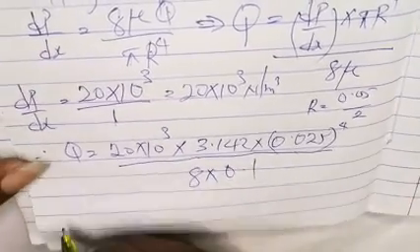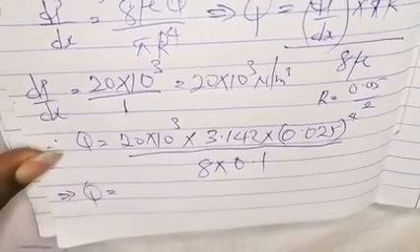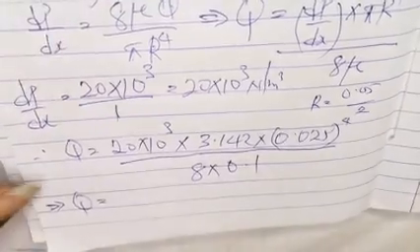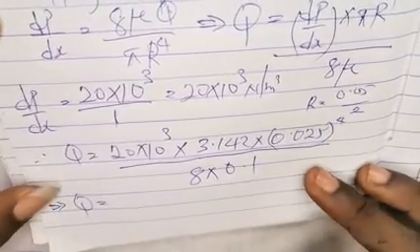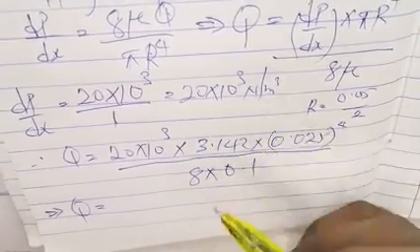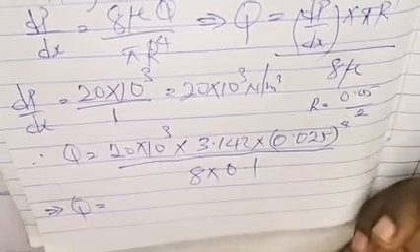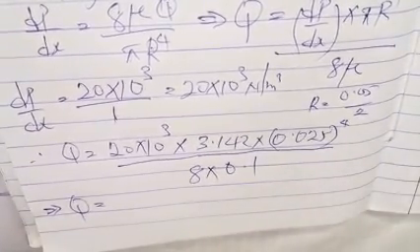So discharge Q is now equal to, at the numerator, 20 times 10 to the power of 3 multiplied by 3.142 multiplied by 0.025 to the power of 4.